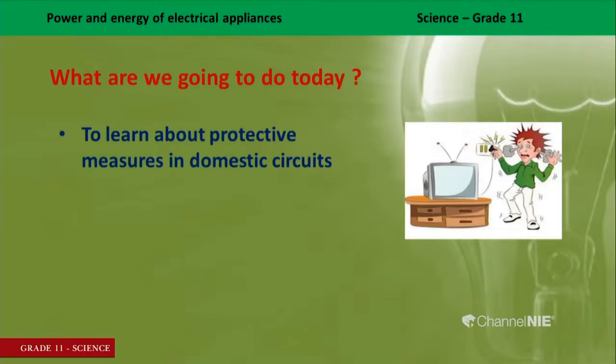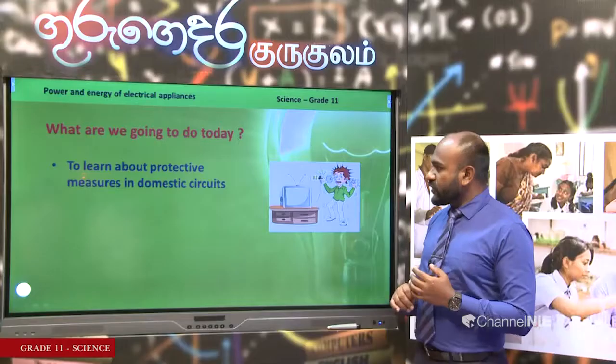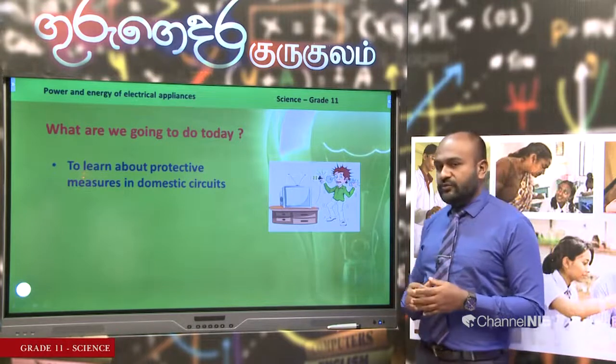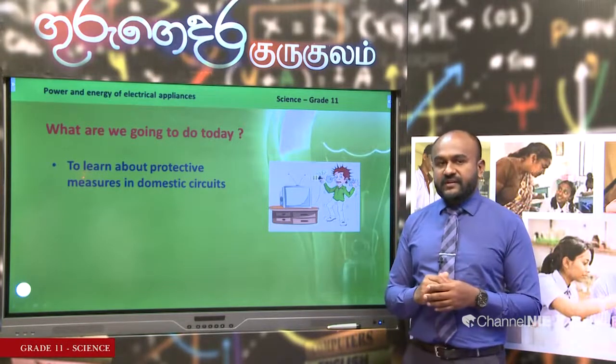Looking at the picture, you can get an idea. If you do not take the protective measures, you are going to be in difficulty as you see in the picture. Sometimes you must have already faced something like this. So, we are going to talk about different protective measures that we have to follow when using electricity in the domestic circuit.